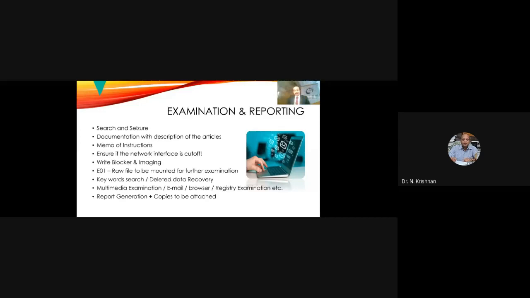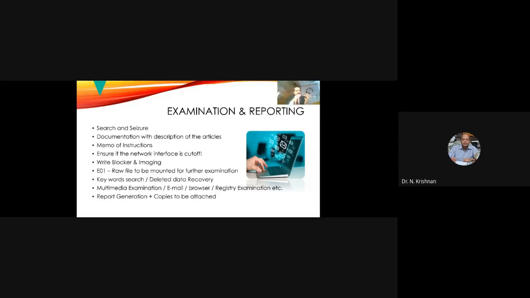Next is the imaging. Imaging is one of the important procedures of digital examination of devices. Because when we have the source disk, we are not supposed to be examining the source disk at all. The source disk should not be used directly for examination. What we do instead is imaging of the source disk. When I say imaging, it is not copying the data.